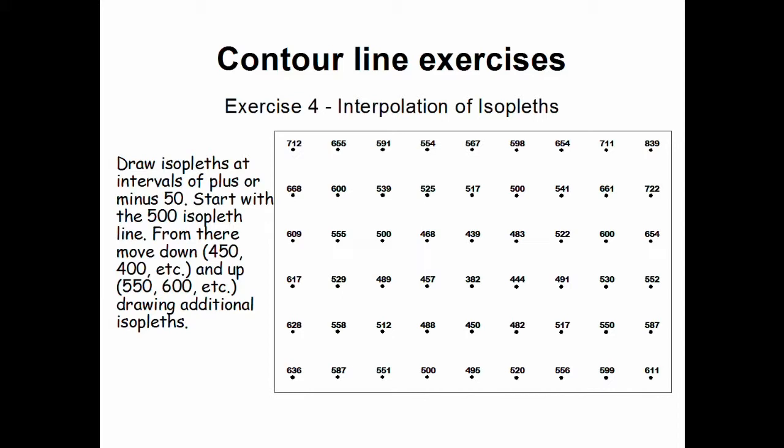Now your job will be to start with the 500 isopleth line, and from there move up and down to draw another isopleth or contour line at the values of 450, 400, and so forth. And then going up with values of 550 and 600.